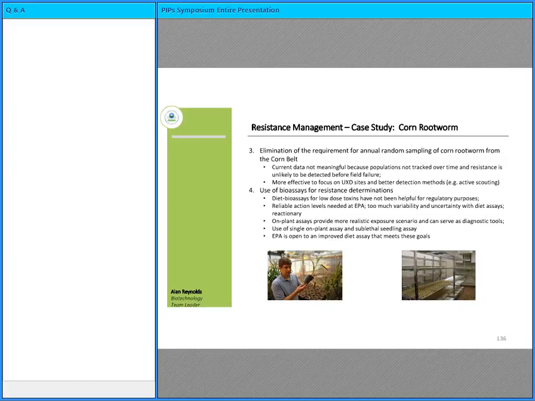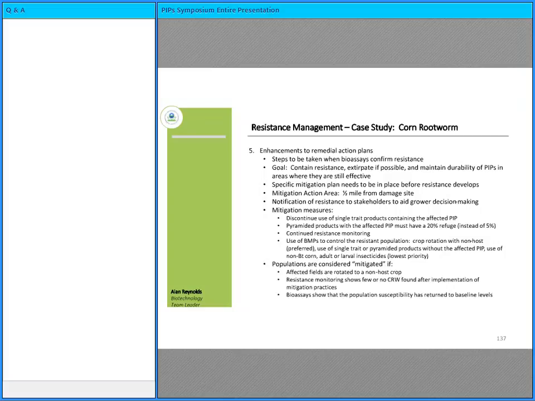There's been a second approach that's also been developed, called the sublethal seedling assay, that was developed by Pioneer and has been used for the Cry34/35 toxin. Now, having stated our preference for on-plant assays, EPA is certainly open to other assay approaches, including an improved diet assay approach that can meet the agency's goals of having this diagnostic detection tool.